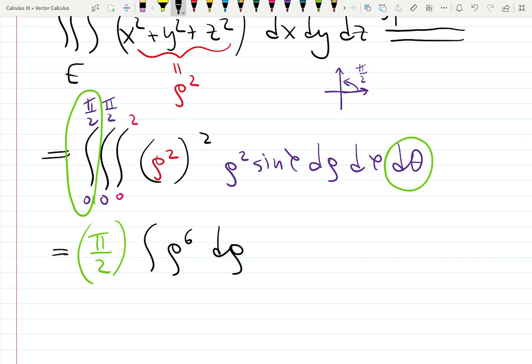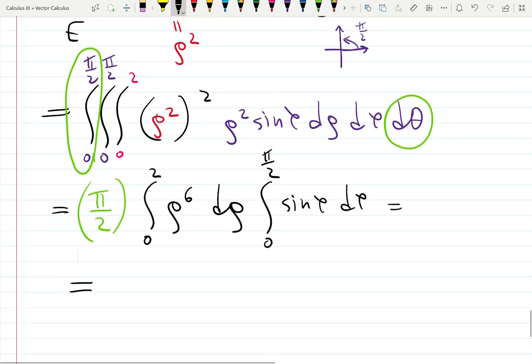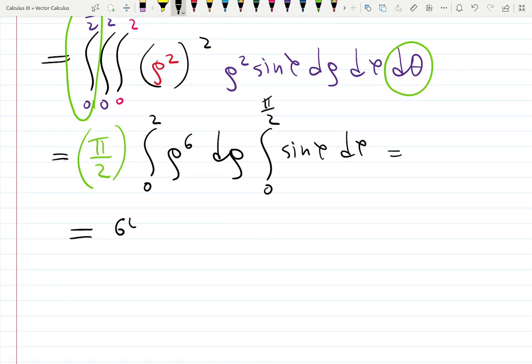Rho is from 0 to 2. And we do have an integral in terms of phi. That is just sine, from 0 to pi over 2. And that's why it's actually not too bad. Rho to the 7 over 7. Sine gives you minus cosine. Plug in the top minus the bottom, and you get 64 over 7 pi.